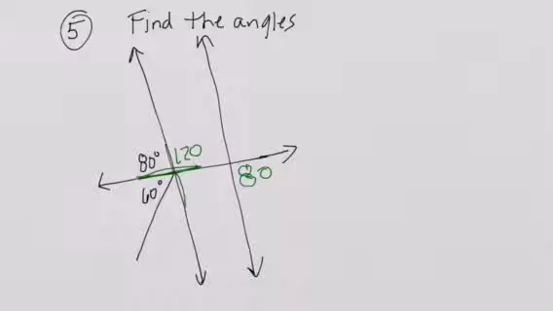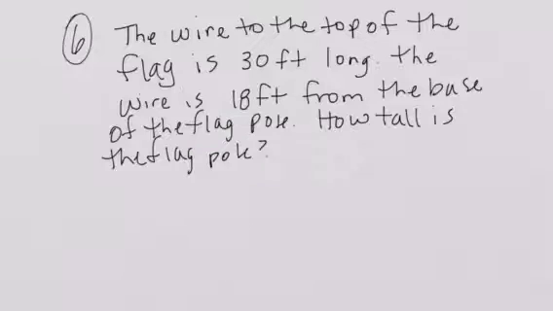These angles are vertical, and if this is 60, this would have to be 60. These angles are vertical, so that's going to be 80. 120 and 120, those are corresponding. And then these are going to be supplementary, so that's going to be 80, and these are going to be supplementary, so that's going to be 120.